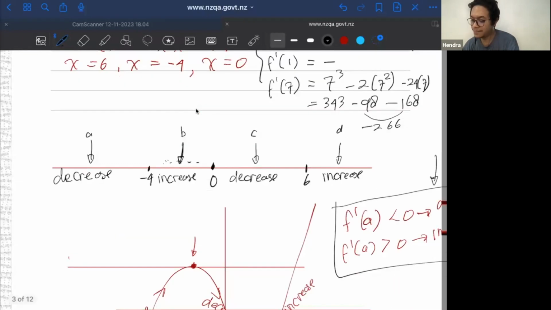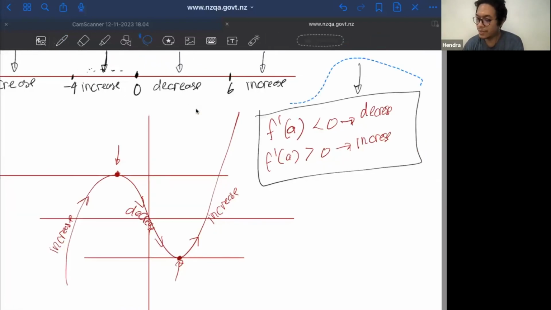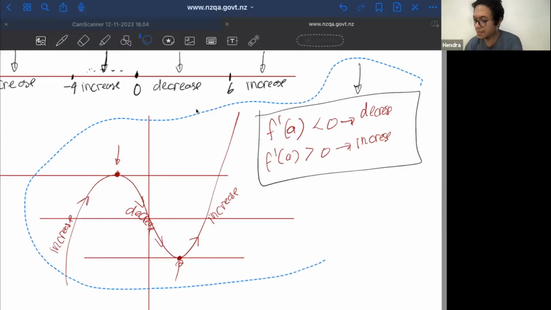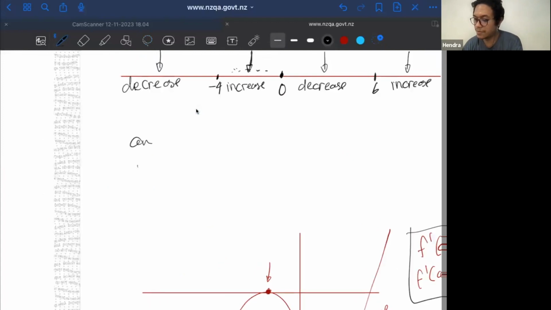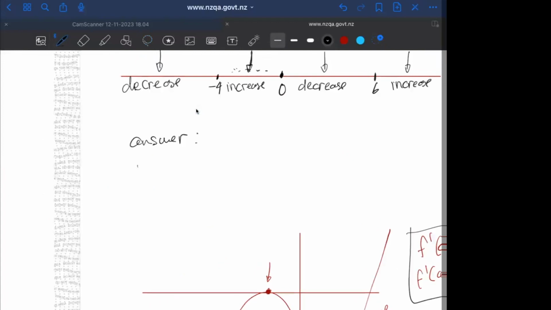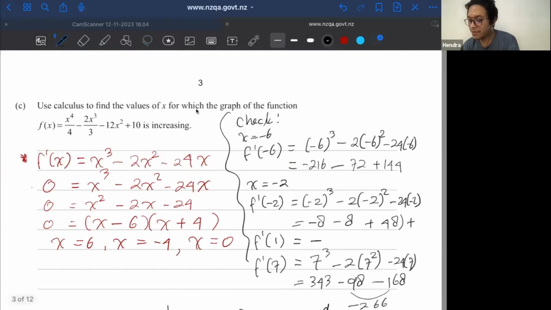Then your answer should be... The question is to use calculus to find the values of x for which the graph of the function is increasing.